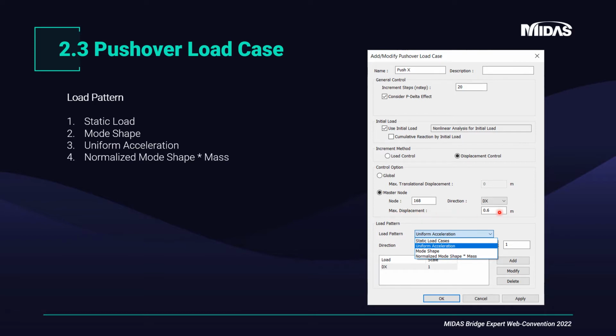So the load pattern would be altered in steps in such a way that you would reach this target displacement in the pushover analysis. And the load pattern you can select from these 4 types. One is your static load case, where you can apply a simple static load of 1 kilonewton suppose, and the program will try to alter the static load to reach this target displacement.